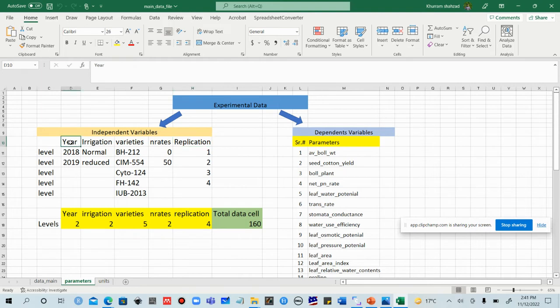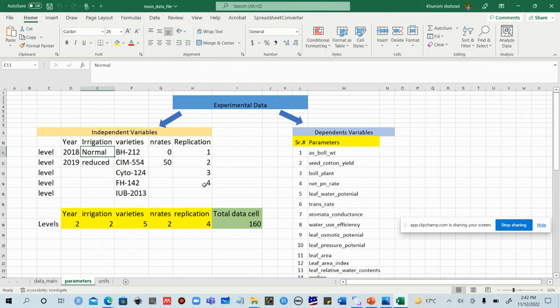Now you can see that year is a factor, and it has two levels, 18 and 19. Irrigation is also a factor, with normal irrigation and reduced irrigation. Varieties are also a factor, with five different levels. Rate also has two levels, 0 and 50.